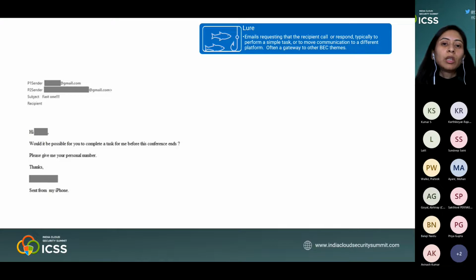Typically, these will ask for a very simple task, just to move the communication further or to move it to a different platform, and will showcase the urgency of responding. Some examples would be, hey, can you carry out this task for me before this conference ends, before this date? Or can you please share your information and just respond to this email to start with?